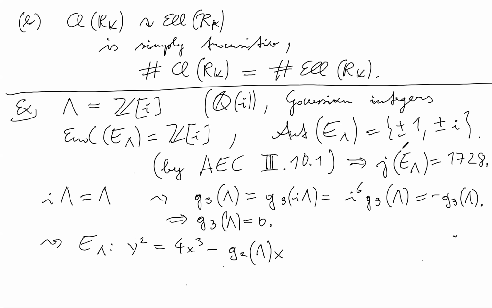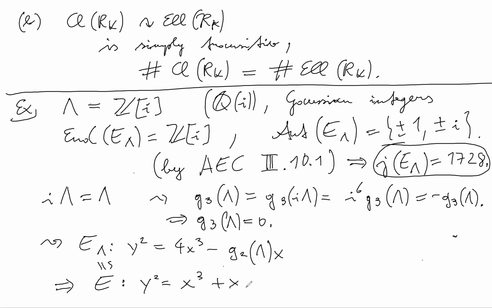And it turns out that because the j-invariant is actually a rational number, there should be a model defined over the rationals. And actually, you can find this elliptic curve here, which is isomorphic to this one, which is given by y squared equals x cubed plus x.